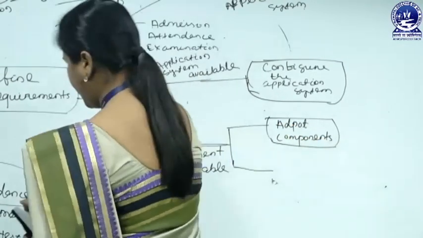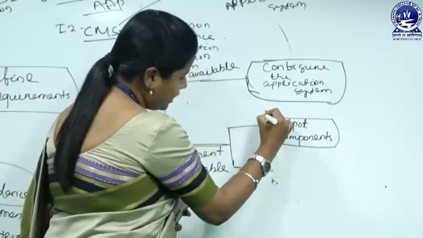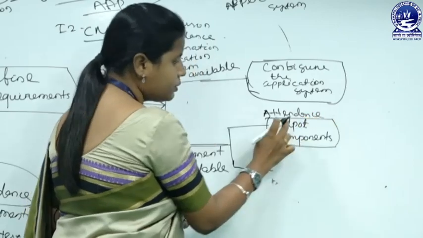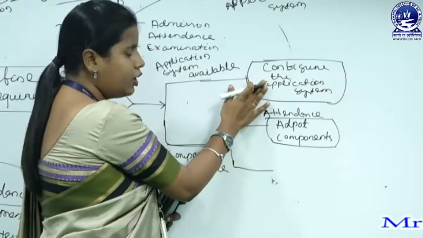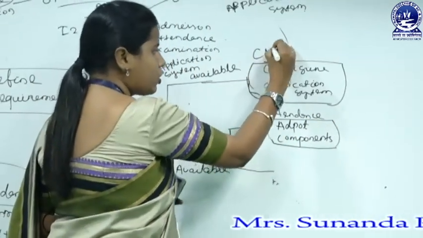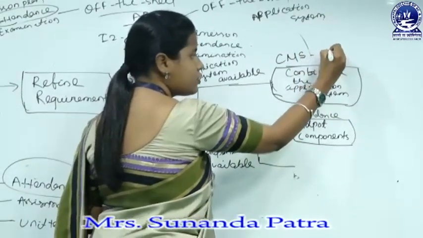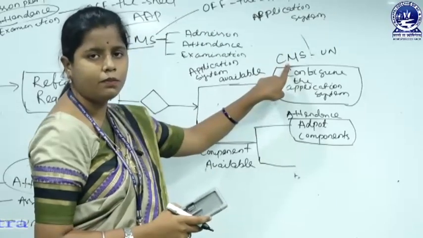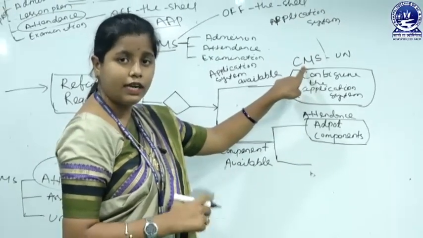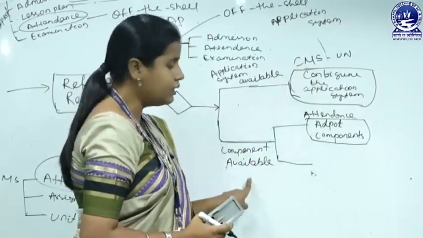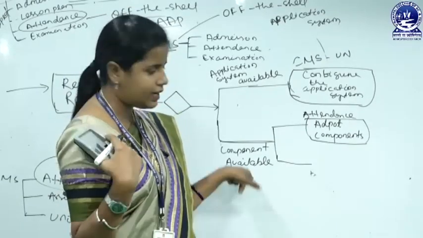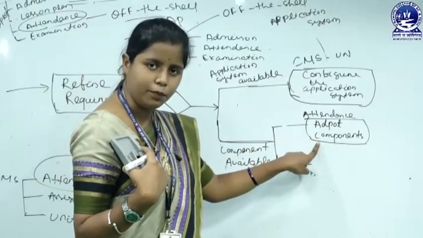That means here the attendance is available, so we can adapt the attendance system. Here we can adapt the college management software that we developed for the UN Autonomous College. We have developed the CMS and we can adapt the CMS, but if a component is available, that is attendance, we have to adapt that component.